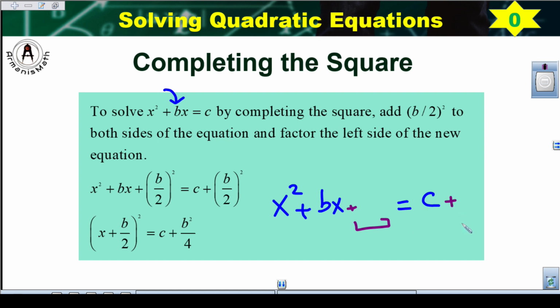So how do you fill this bucket? You get the b, divide that by 2, and square it. We do the same thing on the other side, b over 2, squared. That's how you complete the square: take the b factor, divide it by 2, square it, and put that in the bucket here, and also in the bucket on the other side.